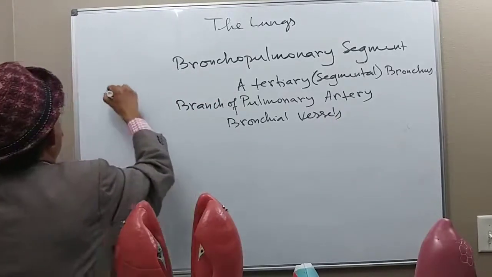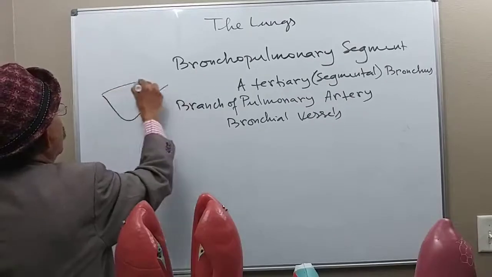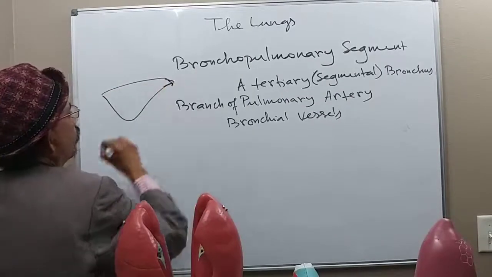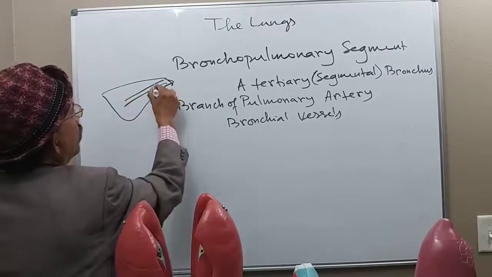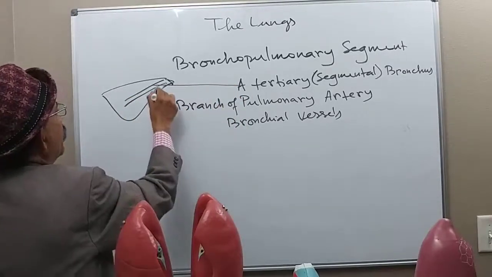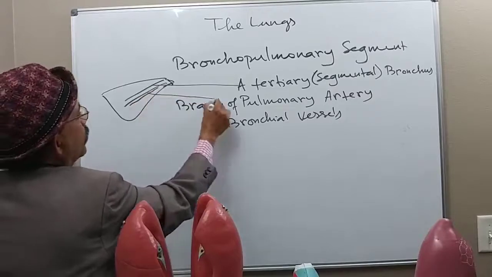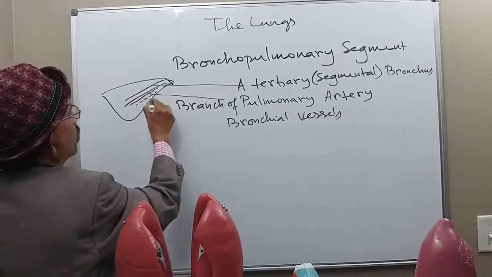So if this is the bronchopulmonary segment, apex is directed towards the root, and we'll get a tertiary bronchus like this. We'll get a branch of pulmonary artery like this. Bronchial artery will be there.